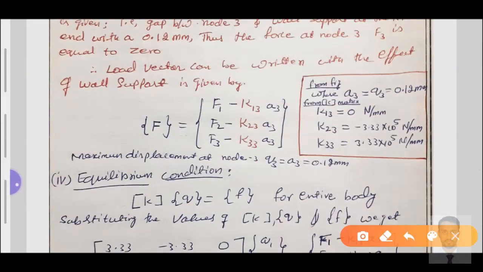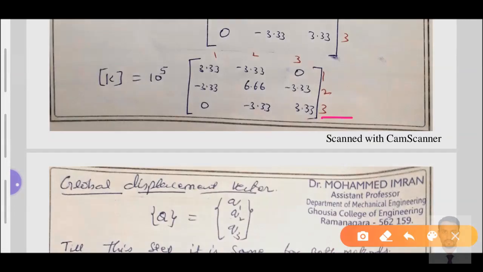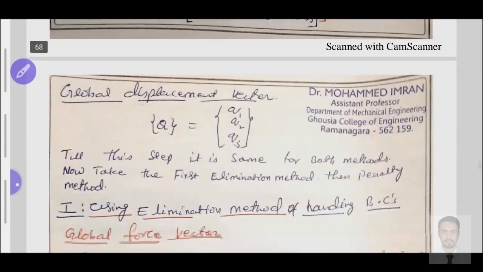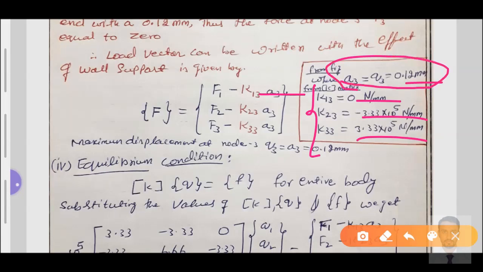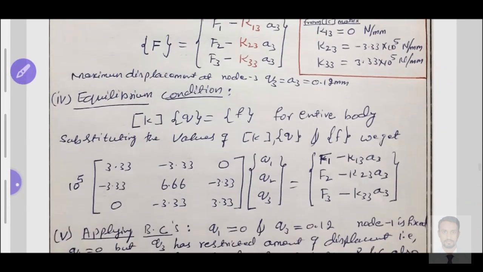K33 is the third row, third column, the last value, with the 10 to the power 5 we have taken. So we have these values K13, K23, K33, and A3 equals Q3 is a given fixed value of 0.12 millimeter. Maximum displacement at node number 3, Q3 equals A3 equals 0.12 millimeter.